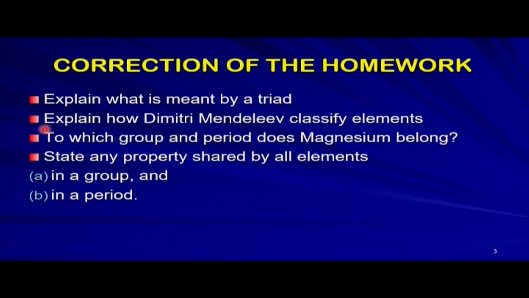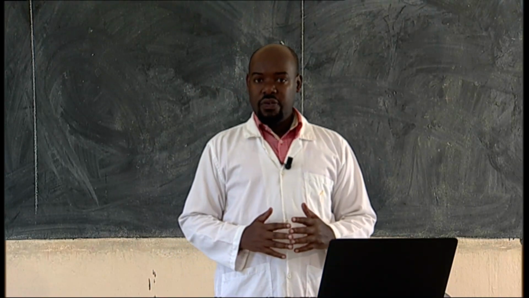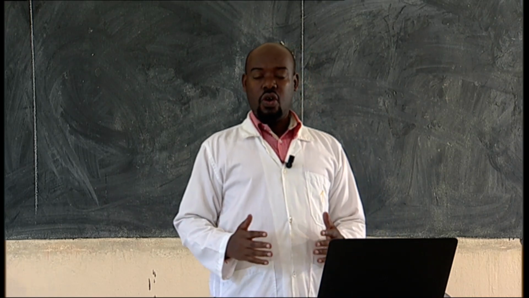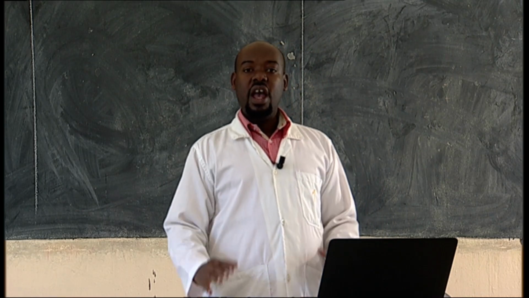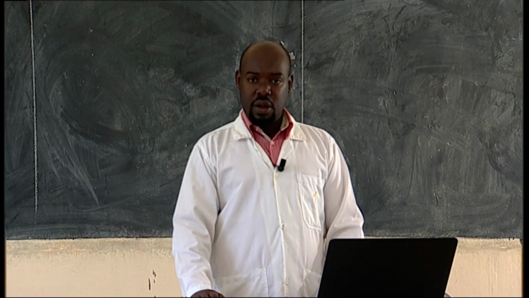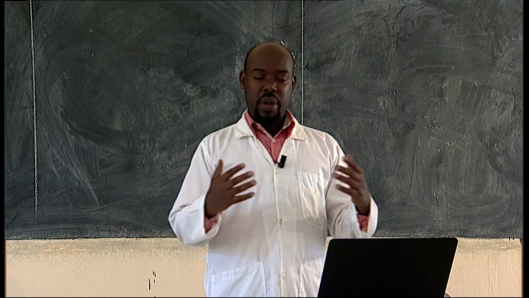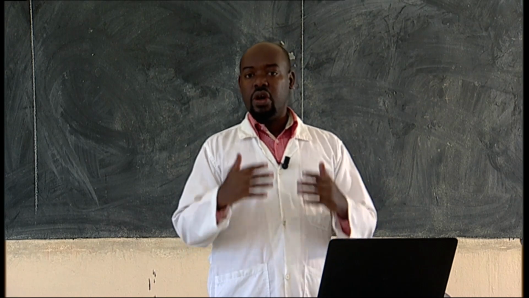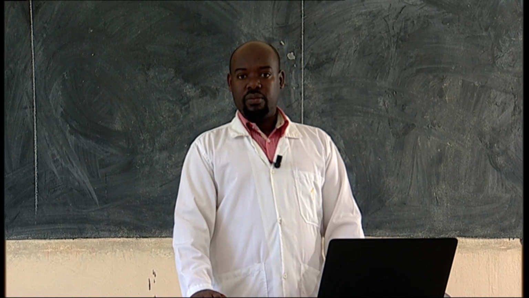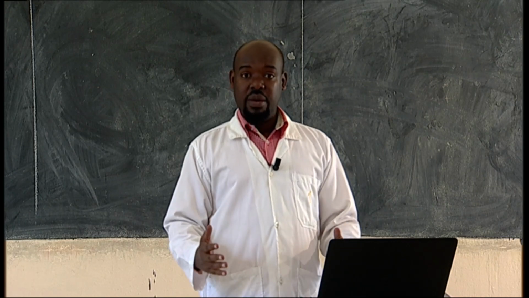Question number 2. Explain how Dmitry Mendeleev classified elements. You remember Dmitry Ivanovich Mendeleev? It's a Russian chemist who classified the elements in a current order, but who also predicted the properties of the elements which were not discovered by that time.